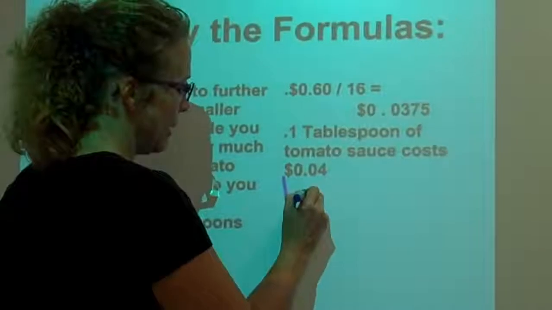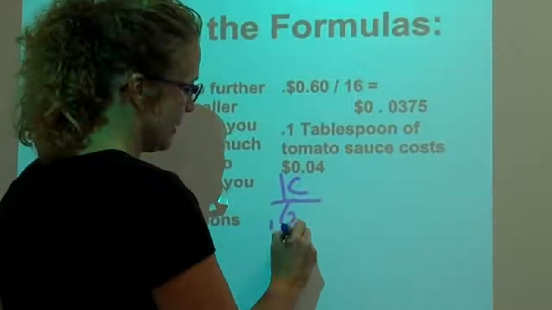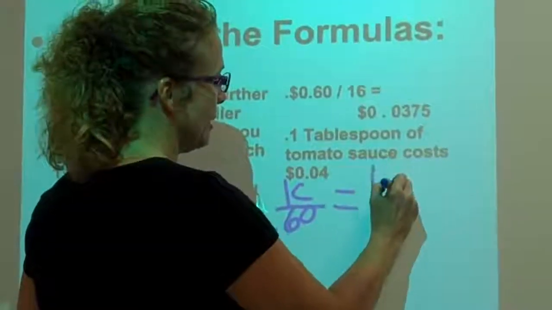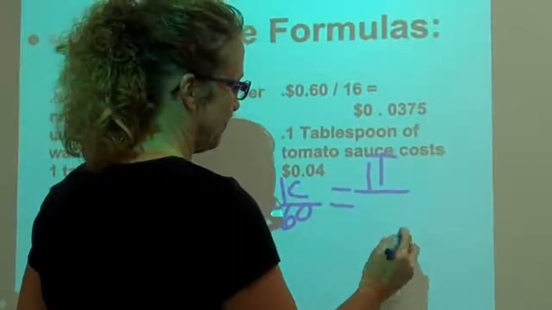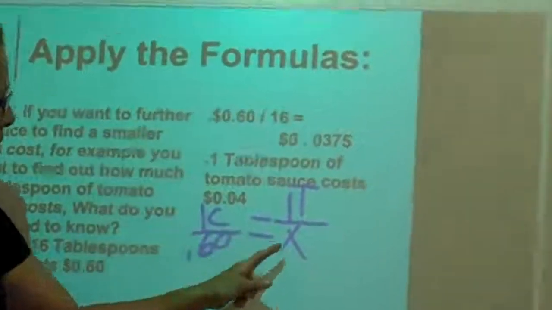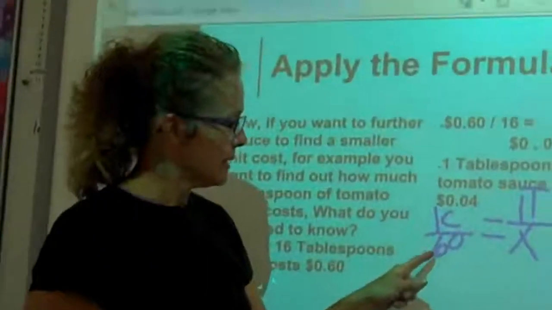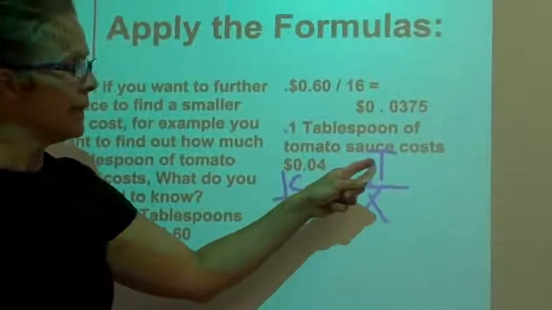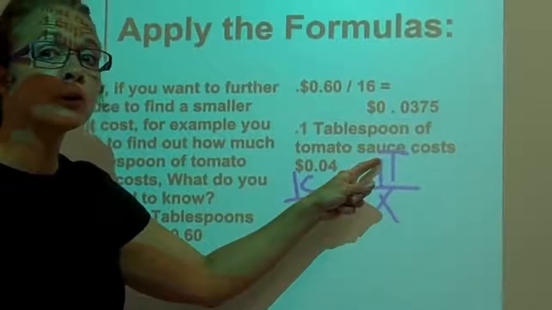We know that 1 cup costs 60 cents, and we want to know how much 1 tablespoon costs, and this is our x. Now, we want to know how much 1 tablespoon costs, and we have the price here, 60 cents. Perfect. But we have cup and tablespoon. It no longer matches.